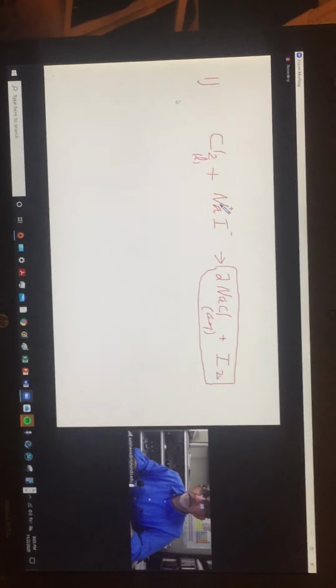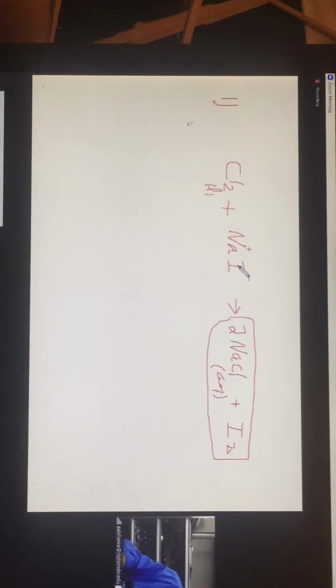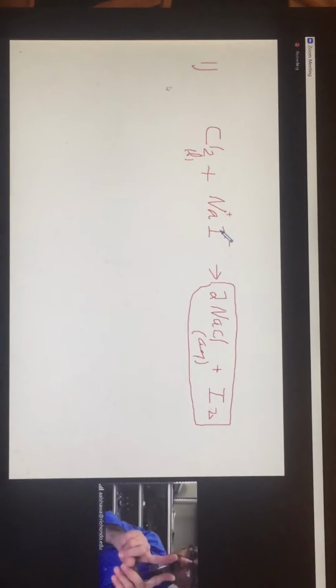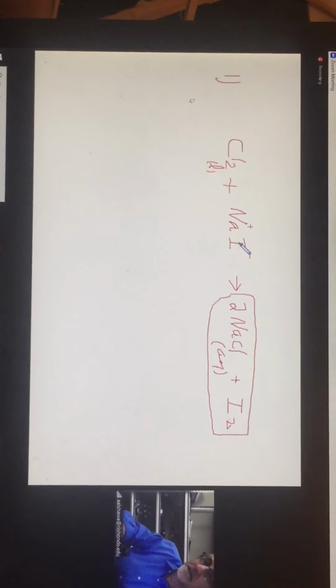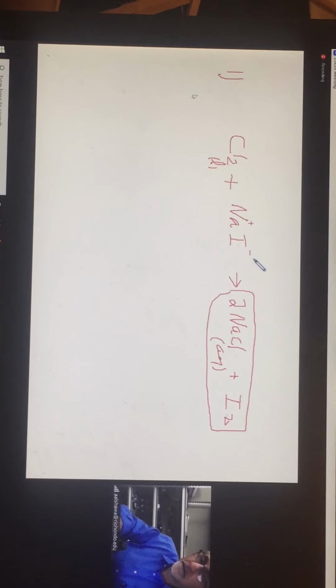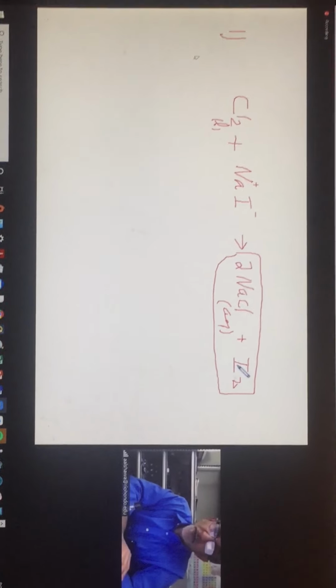If there's a reaction, sodium with the chlorine is going to make sodium chloride, then iodide is going to come and join another iodide to make iodine. So the halide, iodide, I negative 1, will turn into molecular iodine if there's a reaction.